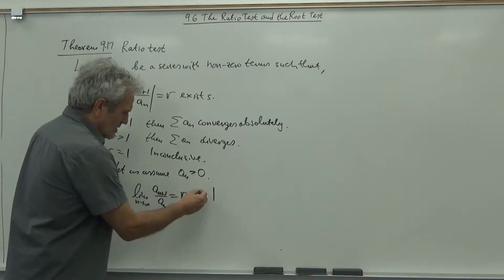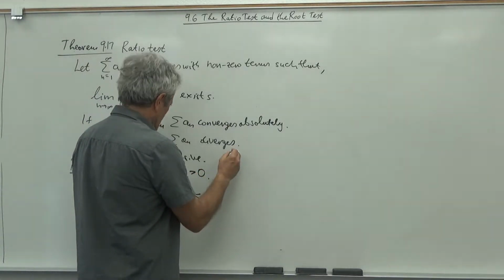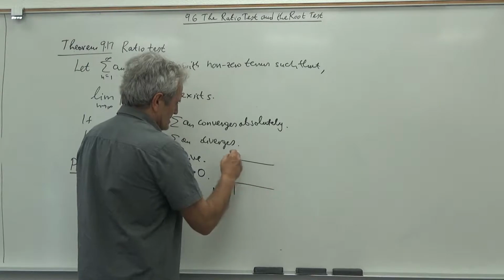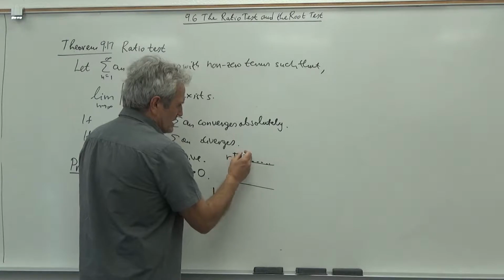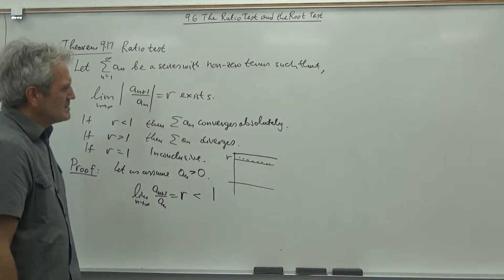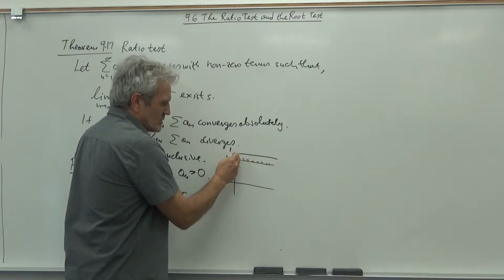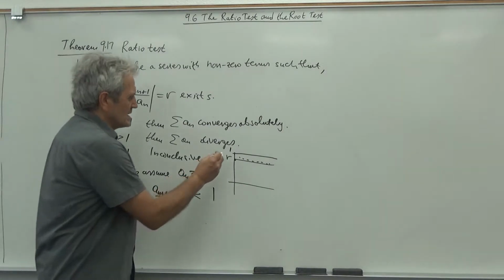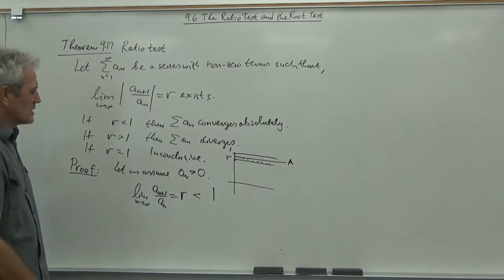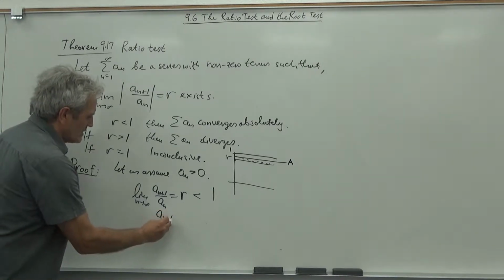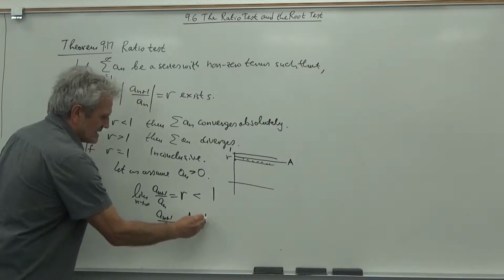Because if r is less than 1, I can squeeze in some number, because if those ratios approach r, then after a while they must be for sure less than 1. They can go up and down, but if you approach a limit, you are within some epsilon. So generally, I can squeeze in some number a between r and 1. So after a while, a_{n+1} over a_n is always less than a, and that a is less than 1.